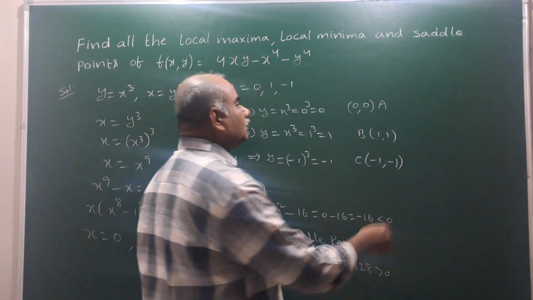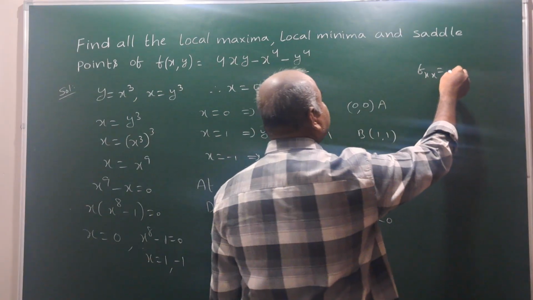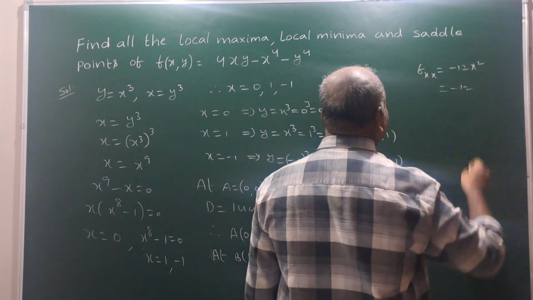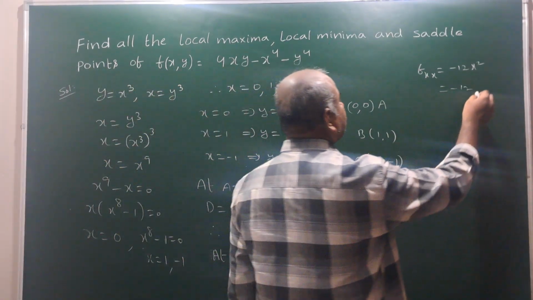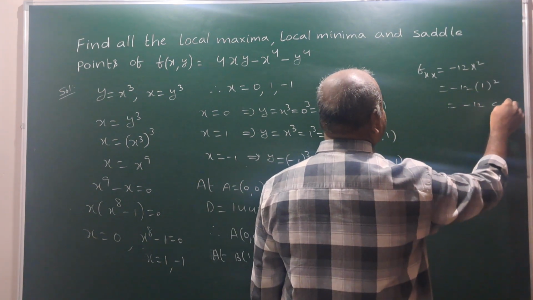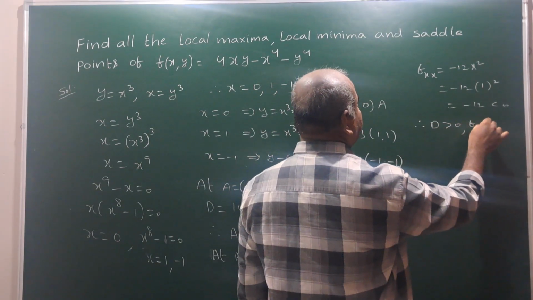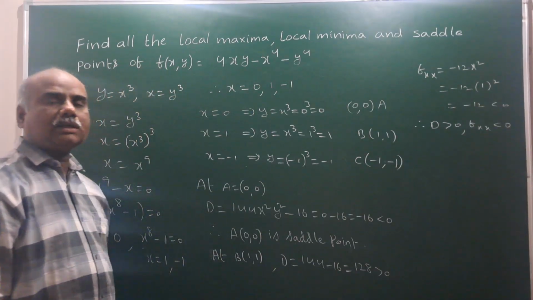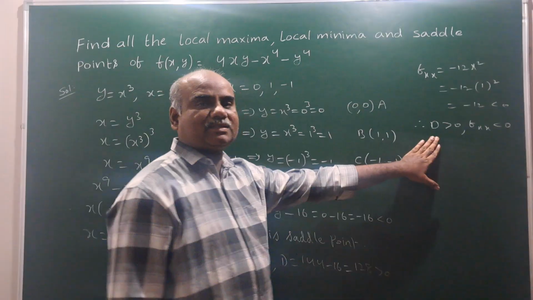Next we have to find the value of fxx. fxx is −12x². With x = 1, −12 × 1² is −12, which is less than 0. Therefore the discriminant is greater than 0 and fxx is less than 0, so the function has a local maximum at this point.